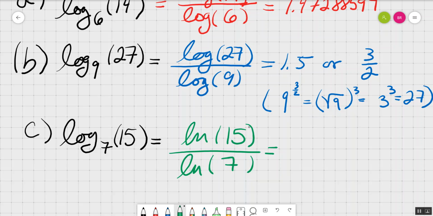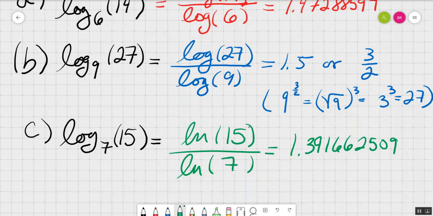Oops, I hit the wrong button. Natural log of 15, not 16. Divided by the natural log of 7. Don't forget to close your parentheses if you've got them. And then you get 1.31662509.